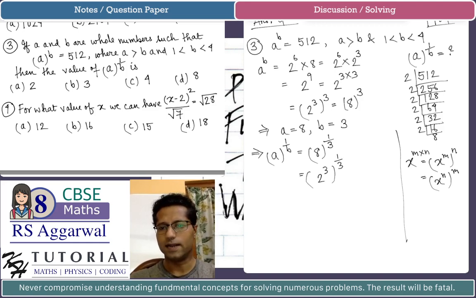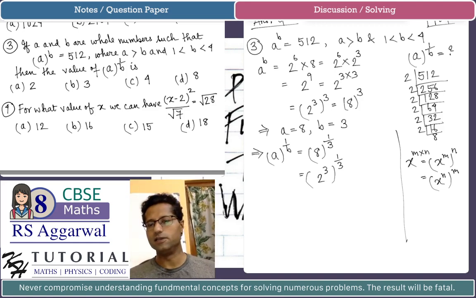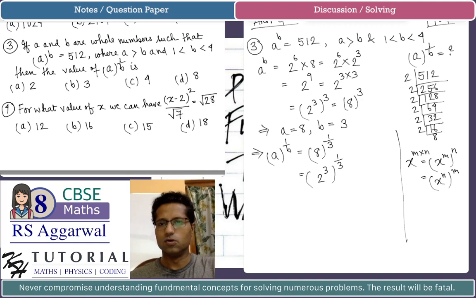Always know that so far in class 8 regarding powers and exponents, we have only studied exponents where the power, that is the exponent or index, is an integer. But as a side note, please know that the laws of exponents also work well if the exponent is a rational number.